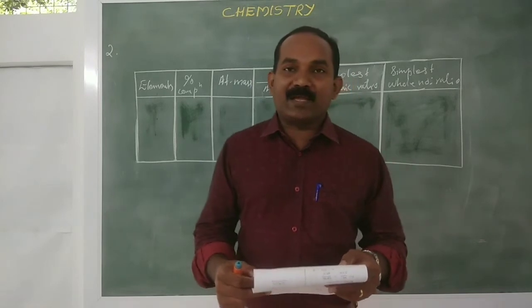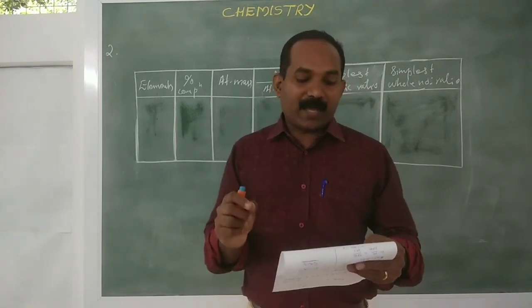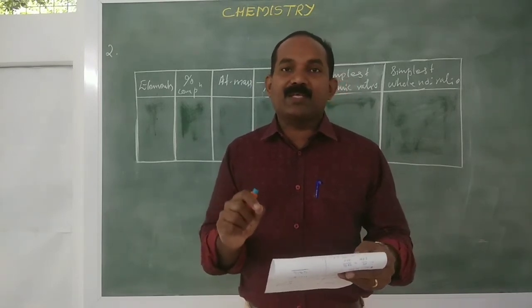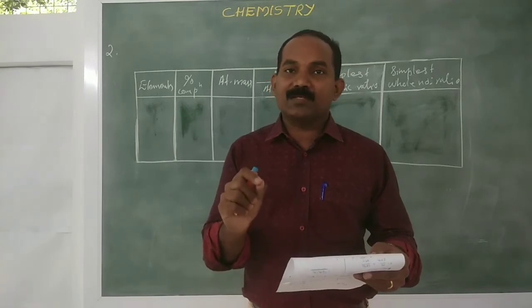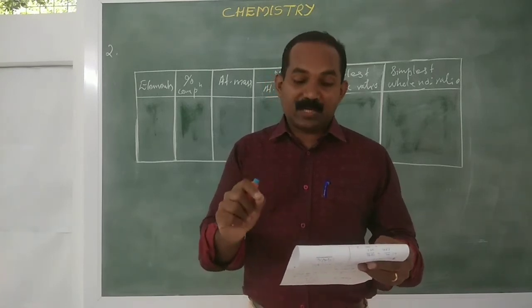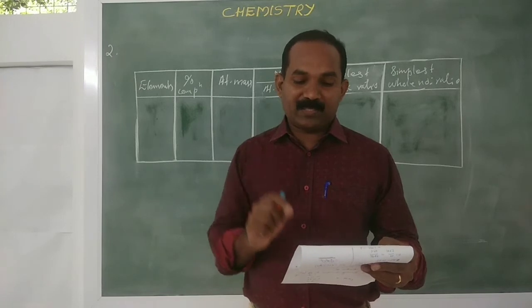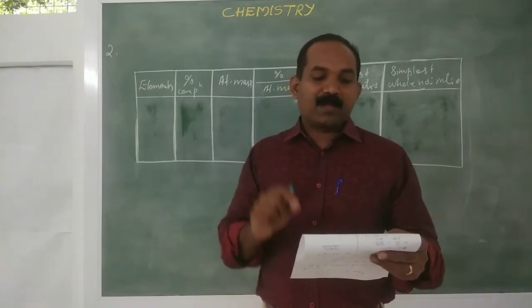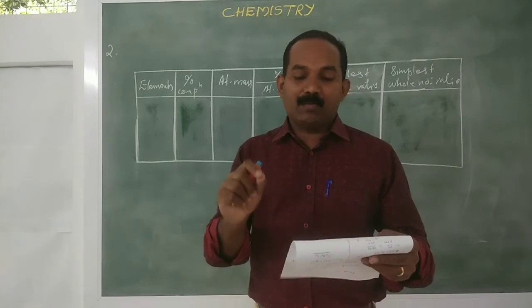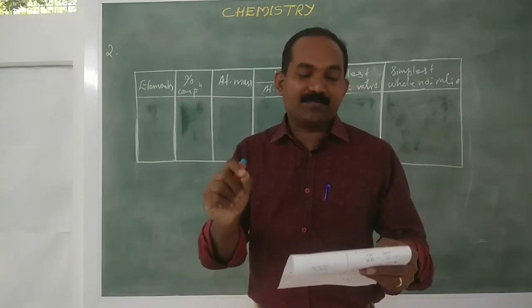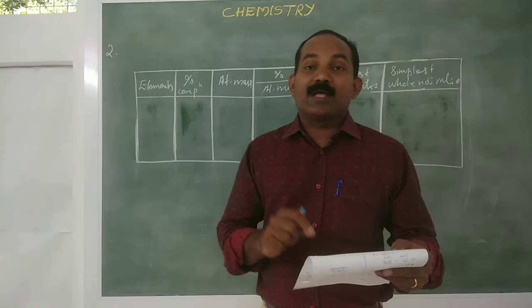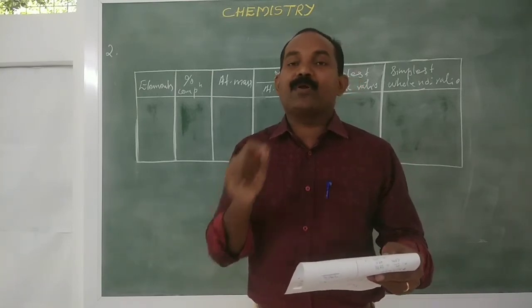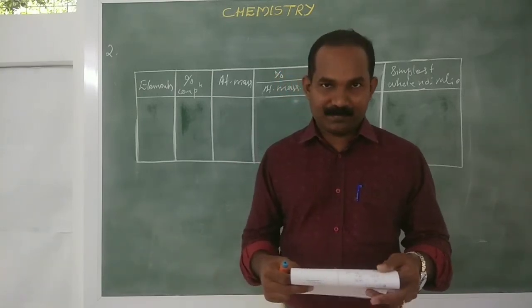So once again I read the question: carbon is 61%, hydrogen is 11.8%, and the rest oxygen. Calculate the empirical and molecular formulae. The vapor density of the compound is 59.